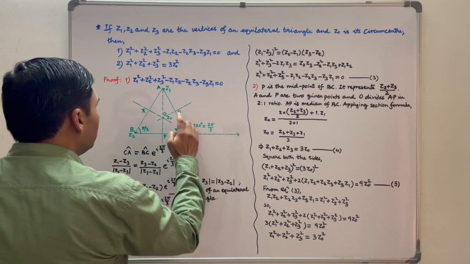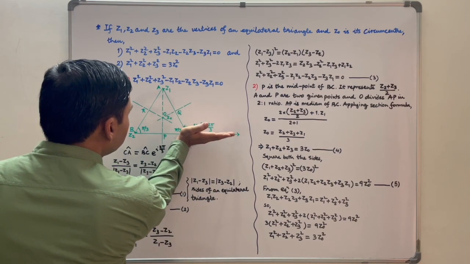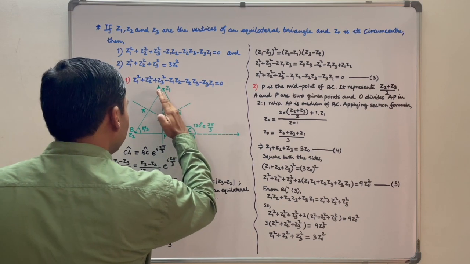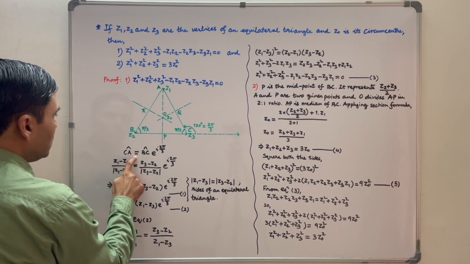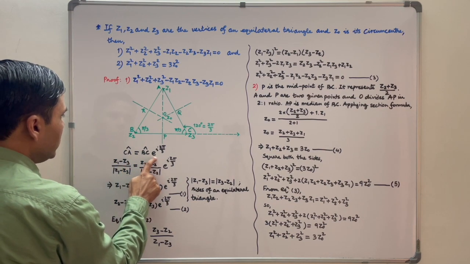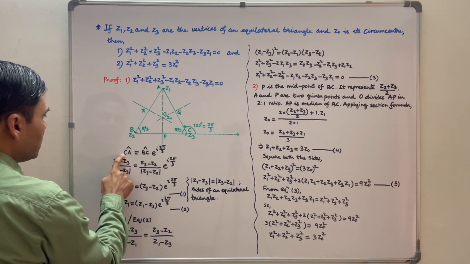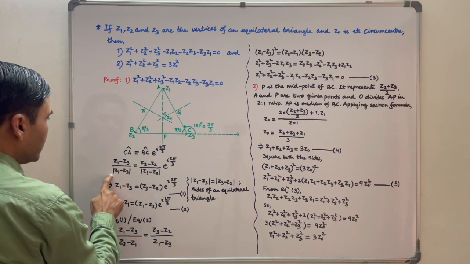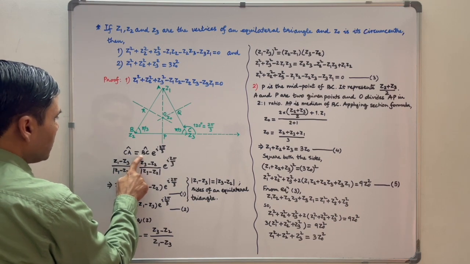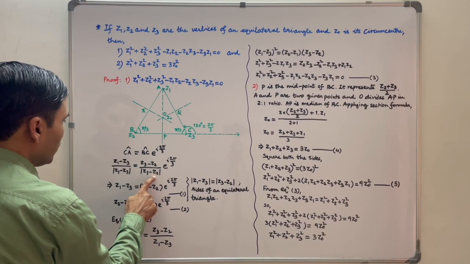Now we can say we will get unit vector CA by rotating unit vector BC by 120 degrees anti-clockwise. We can write unit vector CA is equal to unit vector BC into e to power i 2 pi by 3. Unit vector CA is equal to Z1 minus Z3 upon mod Z1 minus Z3, and unit vector BC is equal to Z3 minus Z2 upon mod Z3 minus Z2.